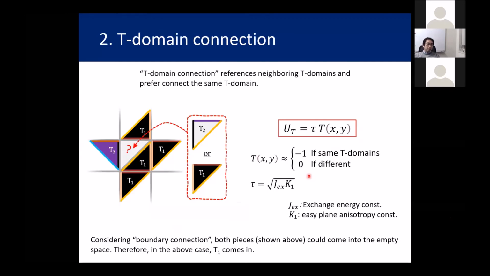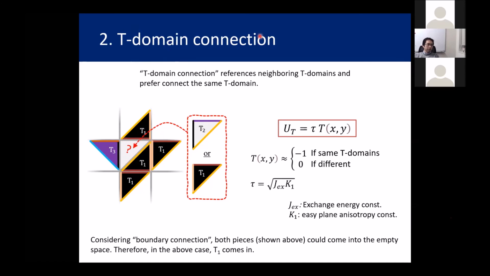For the T-domain connection, the potential energy increases when neighboring T-domains are discrepant. For instance, considering the boundary connection from one slide ago, these 2 pieces can be put in this empty space.